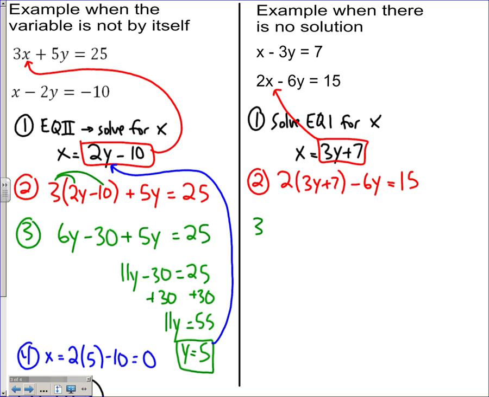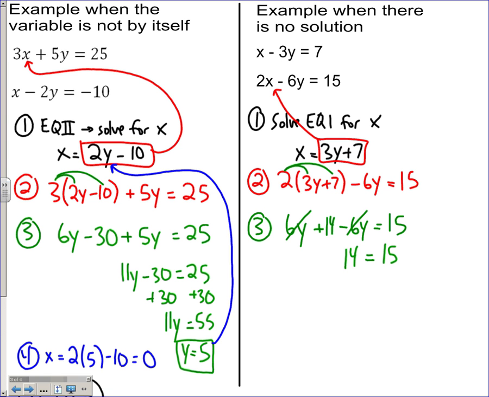Step 3, solve that new equation for y. So I distribute my 2, I get 6y plus 14 minus 6y equals 15. So you can see 6y and a minus 6y, those are going to cancel out, and I get 14 equals 15.